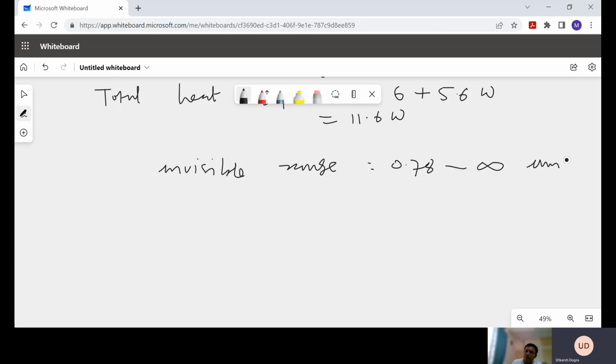Micrometer. Yes, sir. Now we have to find out how much will be the total amount of radiation in this range. So how can we do that? We have to first find out the F factor, F from 0 to 0.78. So again, how can we find out?